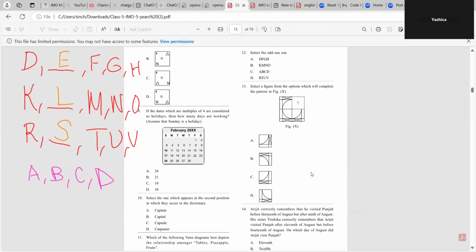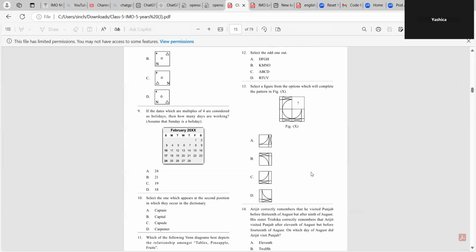So A, B, C, D is the odd one out. Very good. Now do the next one.